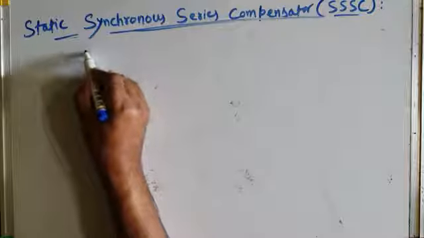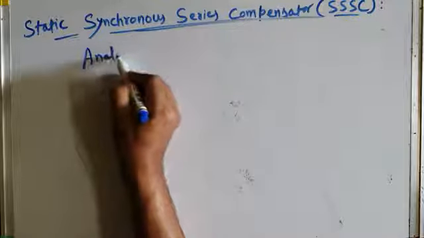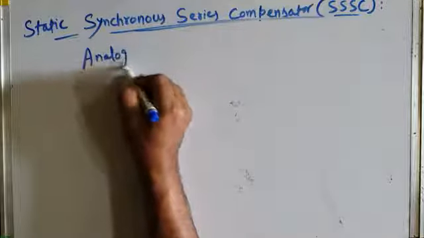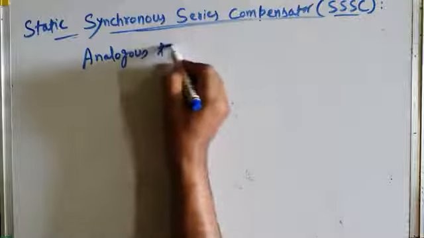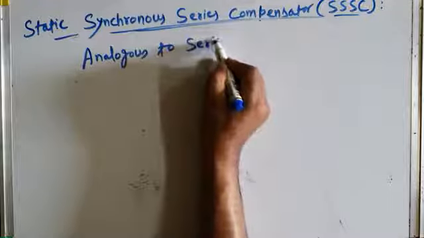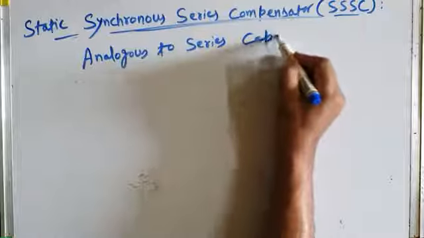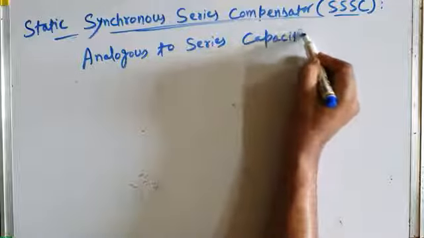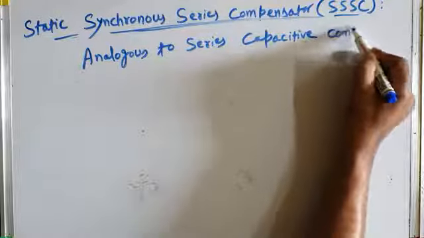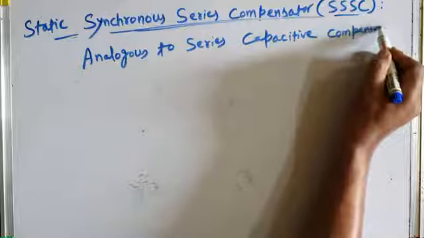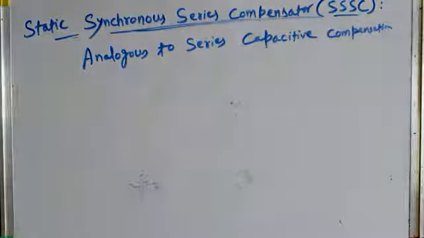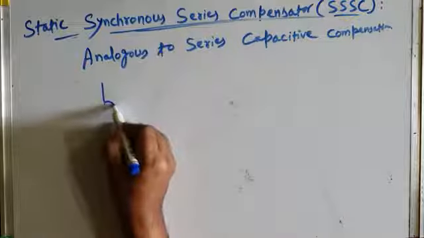So its operation is analogous to series capacitive compensation. And if you remember, we have already studied about series capacitive compensation, probably in module 1 or module 2. Okay, series capacitive compensation looks like this.